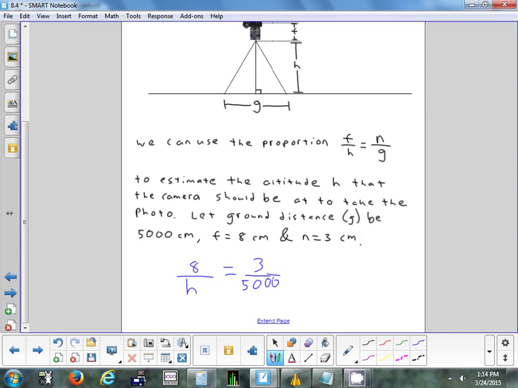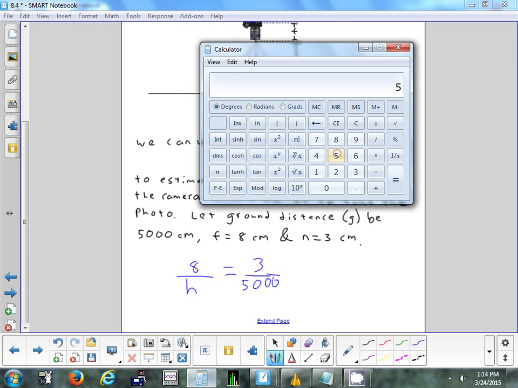Okay, is that a lot? 5,000 centimeters? Well, if you changed it to inches, there's 2.54 centimeters in an inch. So if you took the 5,000 and divided by 2.54, it's about a couple thousand inches on the ground. If you divide by 12, it's an area that's about 164 feet across.